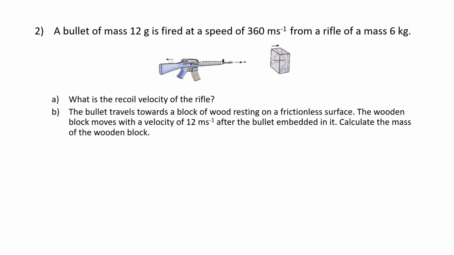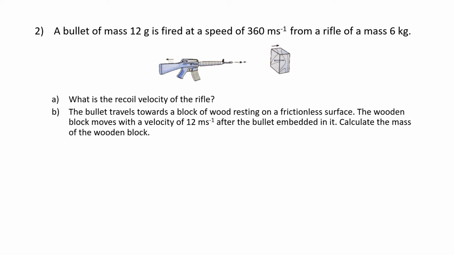And B: the bullet travels towards a block of wood resting on a frictionless surface. The wooden block moves with a velocity of 12 meter per second after the bullet is embedded in it. Calculate the mass of the wooden block.